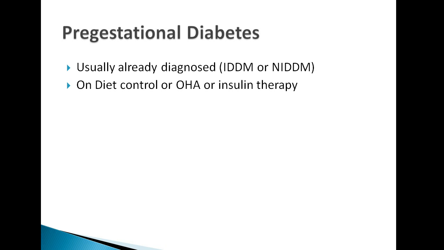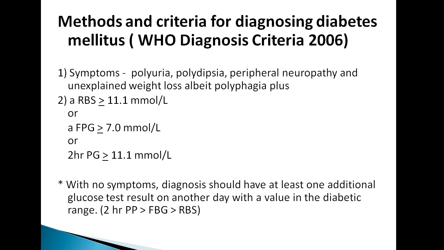So either you are insulin dependent or non-insulin dependent, or either you are on diet control or on hypoglycemic agent or insulin therapy. Regardless of what treatment, whether it's insulin dependent or non-insulin, you are classified as pregestational diabetes if you were already diagnosed before the pregnancy.